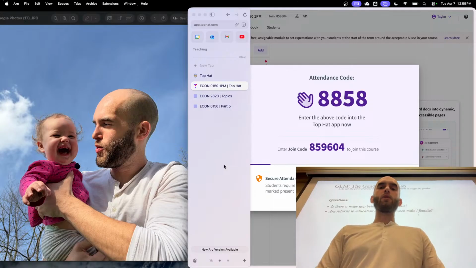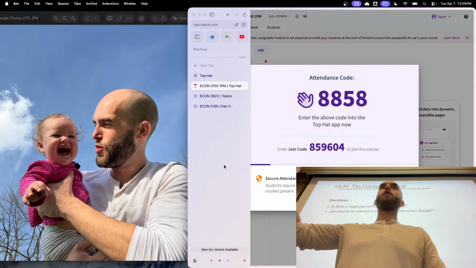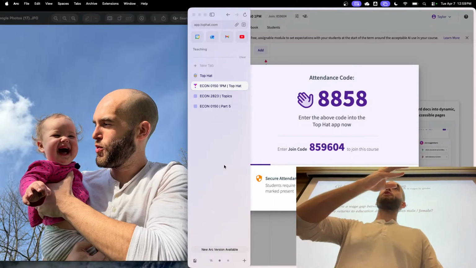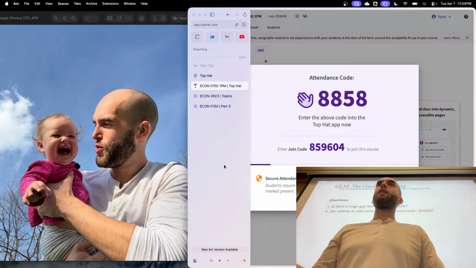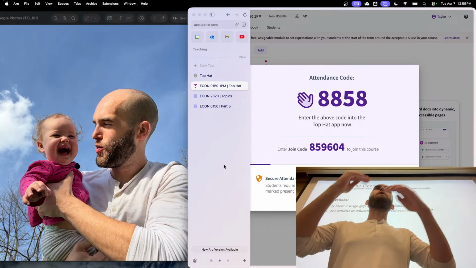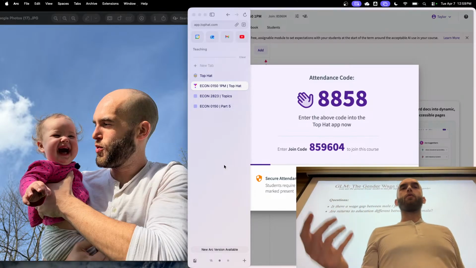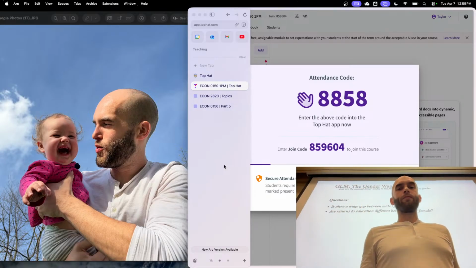Then we also talked about whether there was a difference in the gender wage gap after we controlled for returns to education. So we checked in our data set whether people with more education make more money. It turned out they did. And then we saw that the gender wage gap persisted even after we controlled for returns to education.